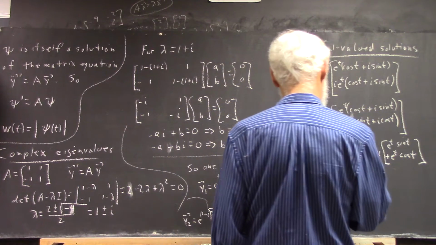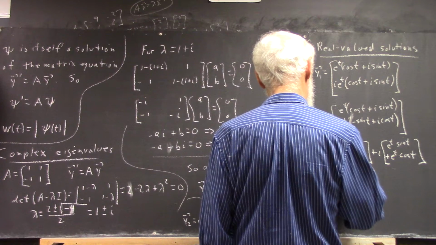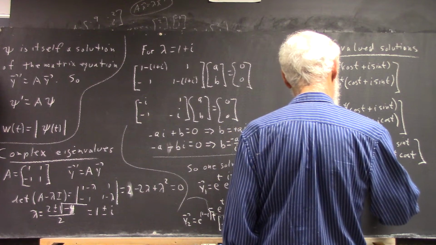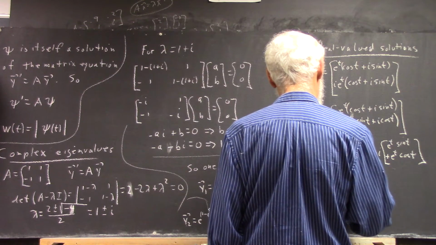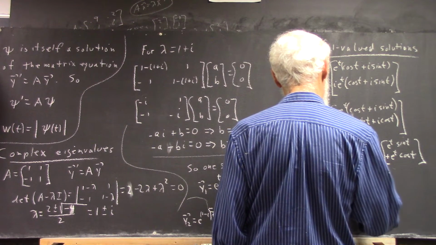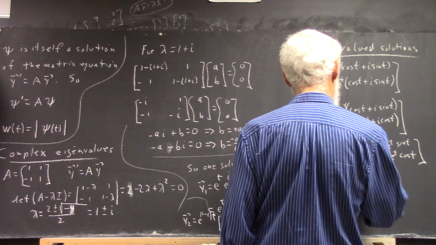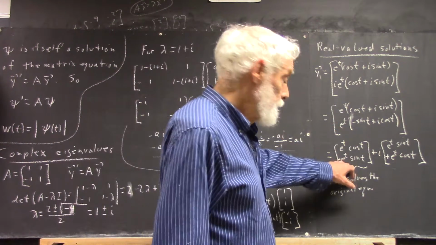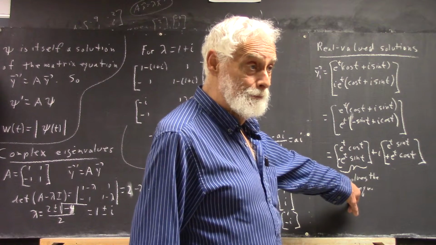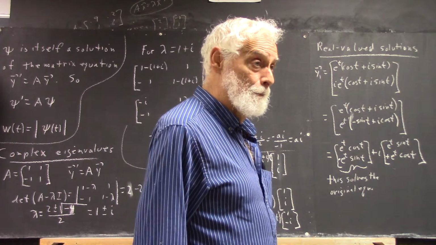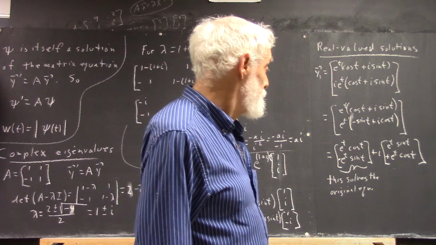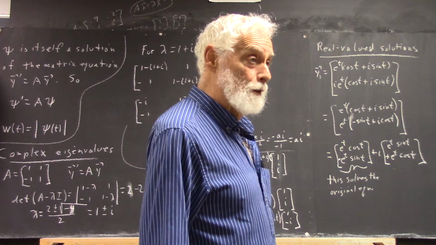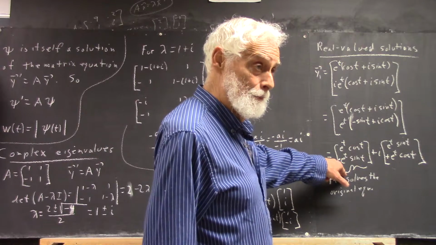Now, this column vector here solves the original equation. Okay? Not the other one? I haven't mentioned it yet. I'm sticking to the fact that this solves it.